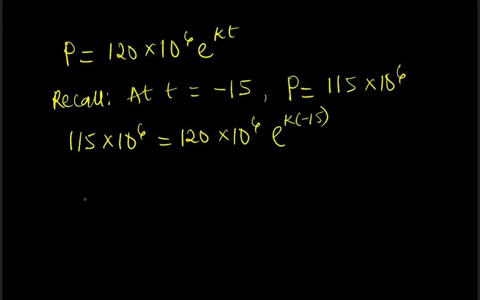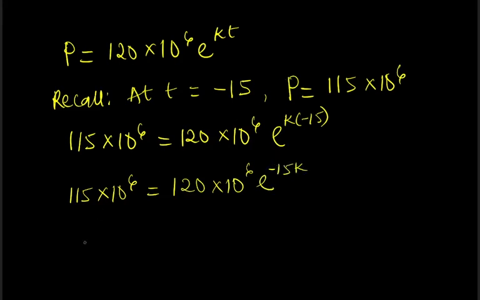This is going to yield 115 times 10 to the power of 6 equals 120 times 10 to the power of 6 exponent minus 15k. Dividing both sides by 120 times 10 to the power of 6. To make something subject of formula means to make it stand alone.